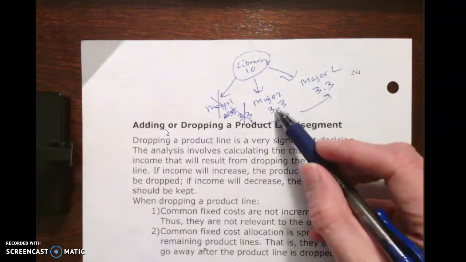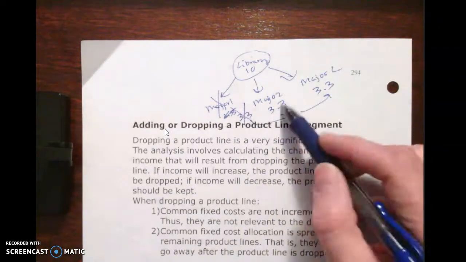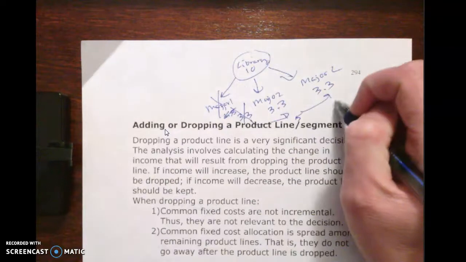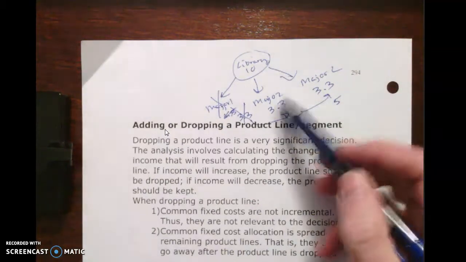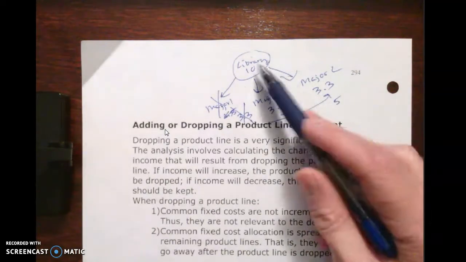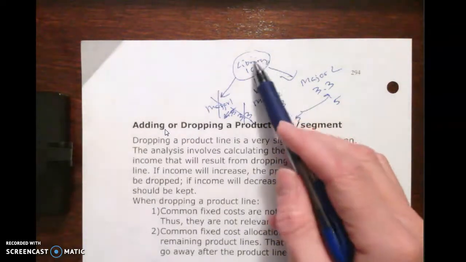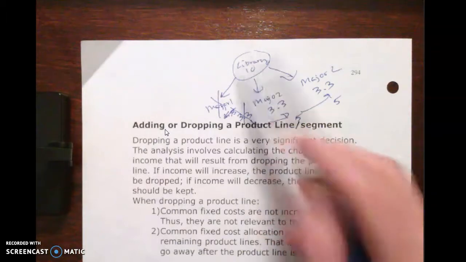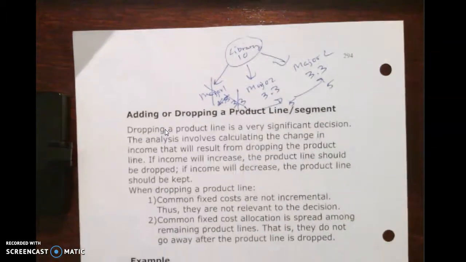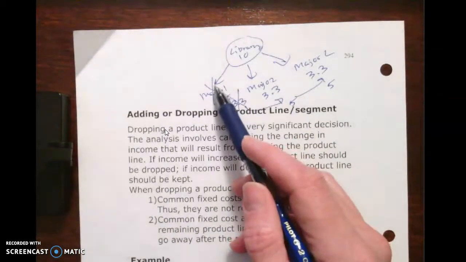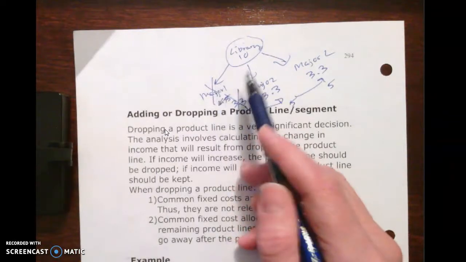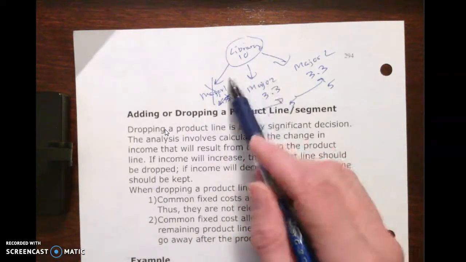Now this is 5 and this is 5, because now these two share in this common cost. What we're saying is that the library may not reduce its costs, even though UMW would have lost a major.